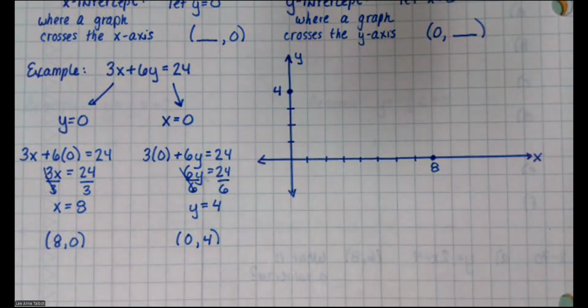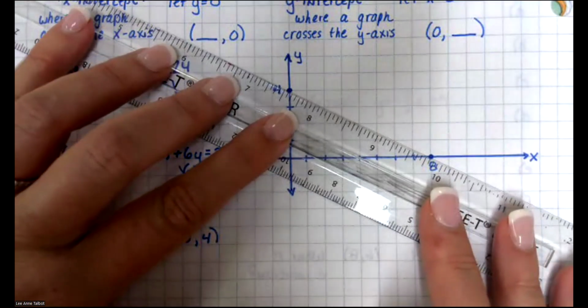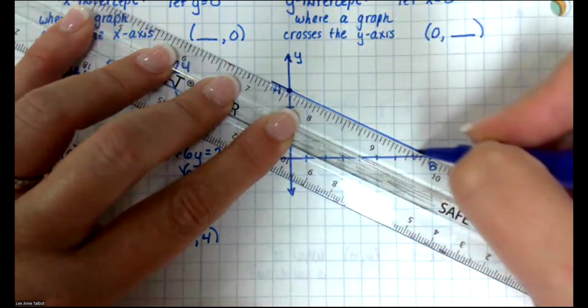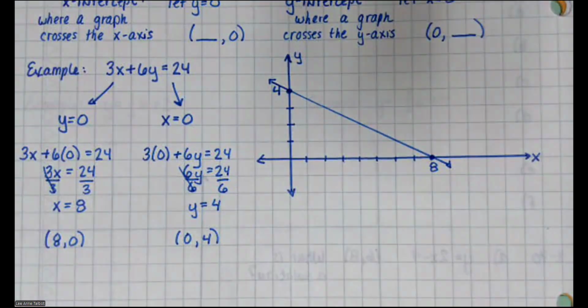0, 4, and then depends on how much you care about it being perfectly straight. Draw your line.